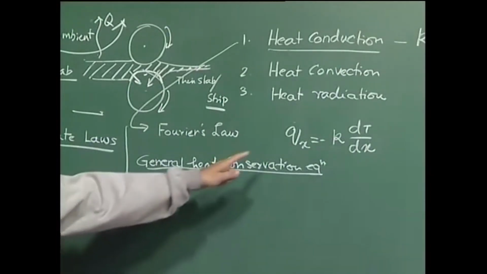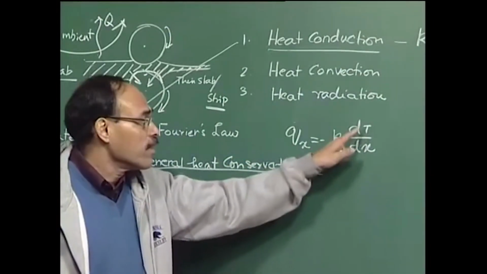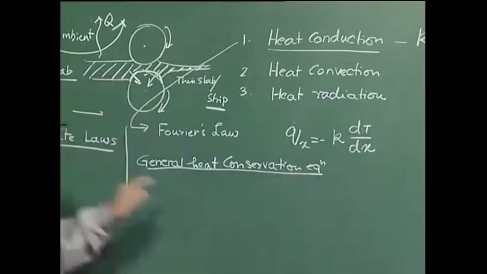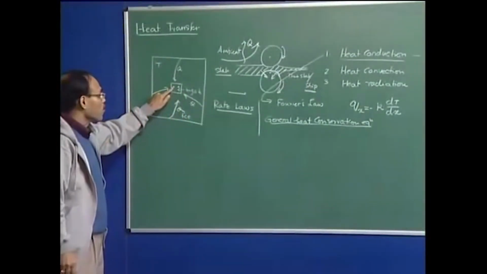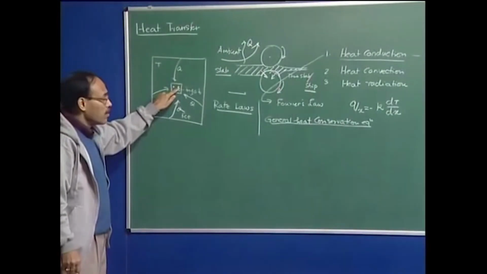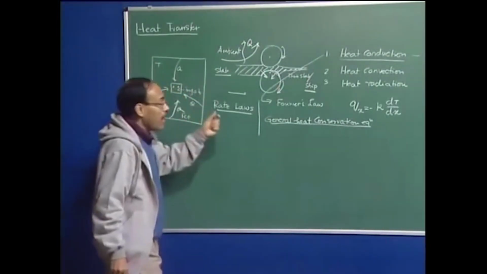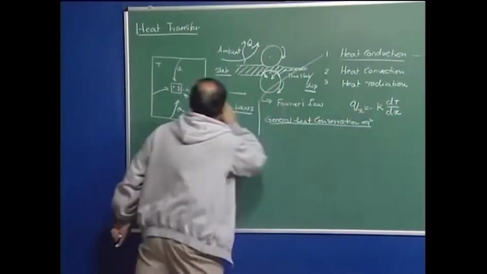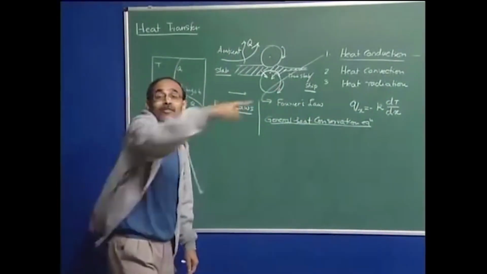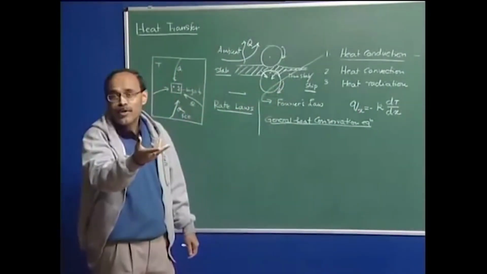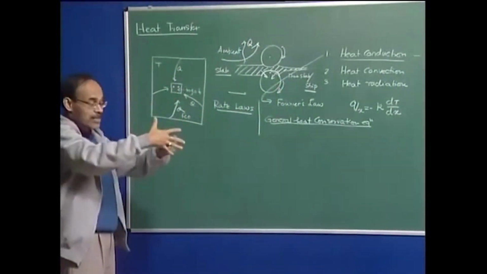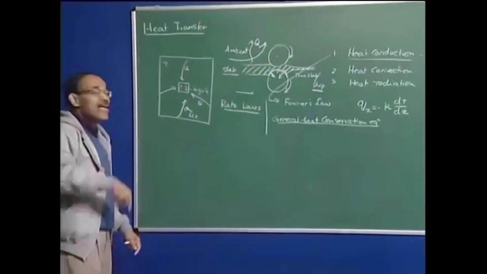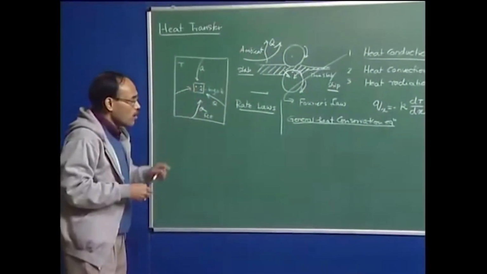In order to calculate the flux, I require the rate at which heat is flowing from this point to this point. So in order to know that, I have to know this distance, and I have to know the temperature difference T1 minus T2, and then only I will be able to calculate the flux, and then only I will be able to calculate how much heat has really moved from this point to this point in 10 minutes of time.